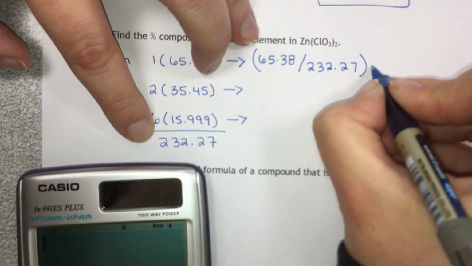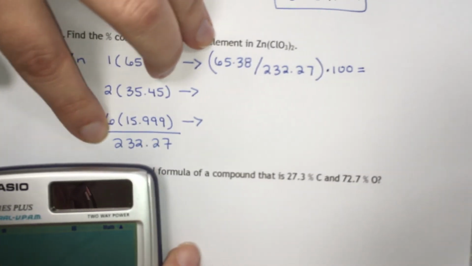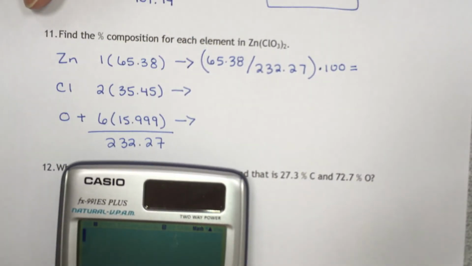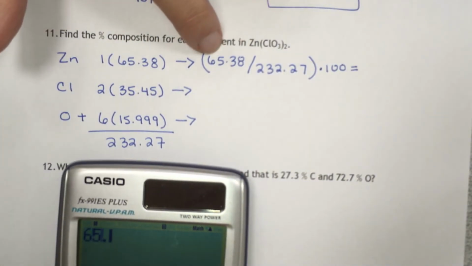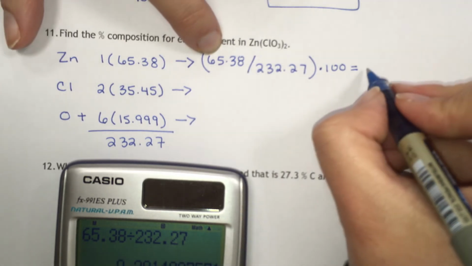We take that and we multiply it by 100, and we'll have our percent composition. So we will do 65.38 divided by 232.27, and we can move the decimal over, 28.15.